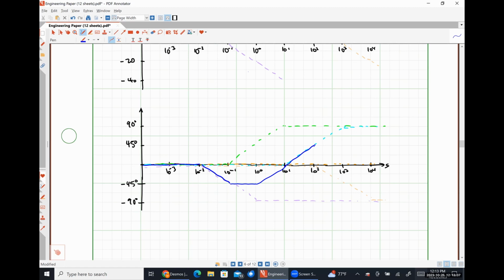At this point right here, these two on the outside have fully canceled each other out. So I have 90 and then I have negative 45. So that's just going to look like positive 45. At this point right here, everything is canceled each other out again.